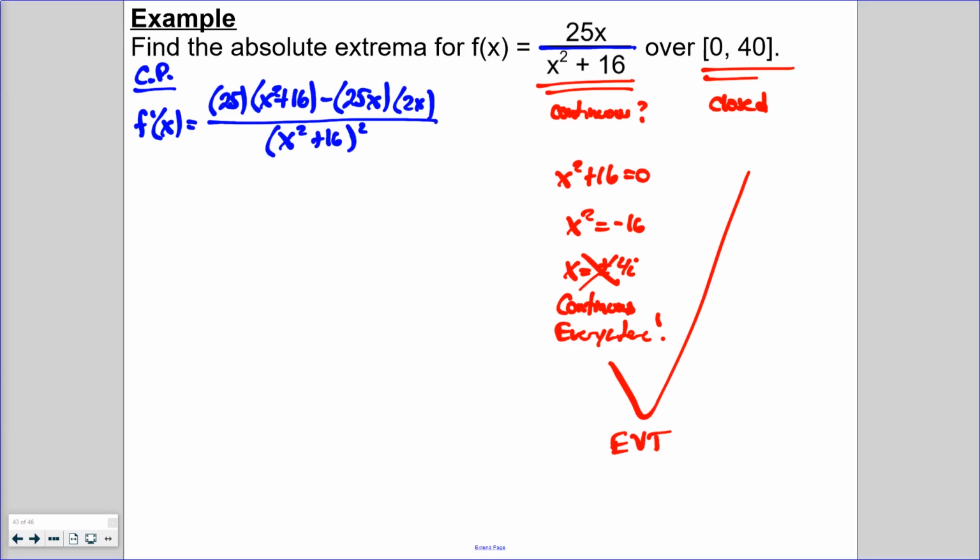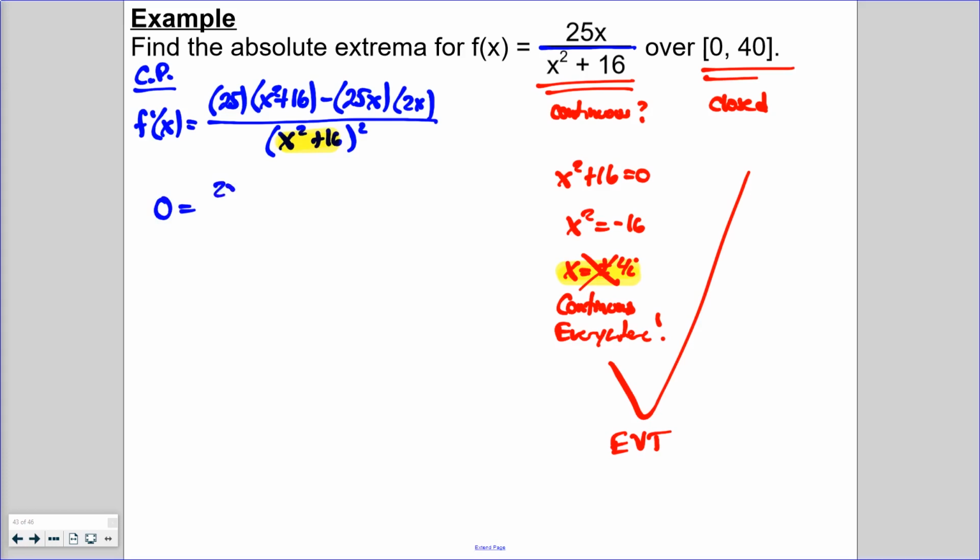Now we already know that our derivative will never be undefined, because we already determined that the denominator would be zero only at an imaginary number. Which means we just have to figure out when it's equal to 0.